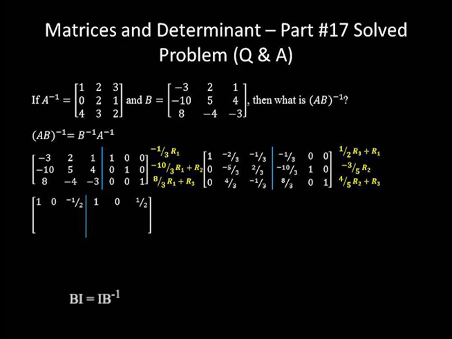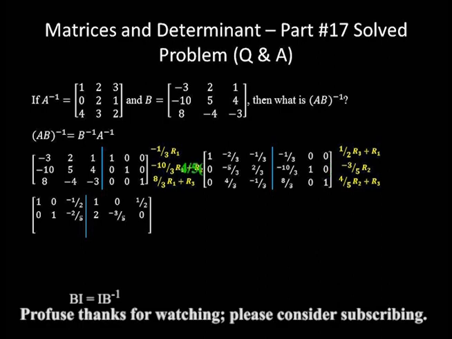Multiplying row 2 elements by negative 3 over 5 gives us 0, 1, negative 2 over 5, 2, negative 3 over 5, and 0. When we move to row 3, 4 over 5 times 0 equal to 0. 0 plus 0 gives us 0. 4 over 5 times negative 5 over 3 equal to negative 4 over 3.